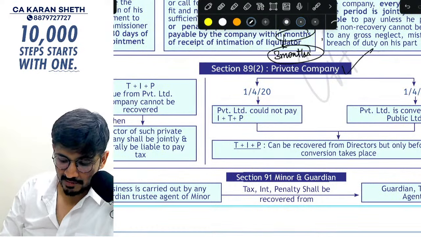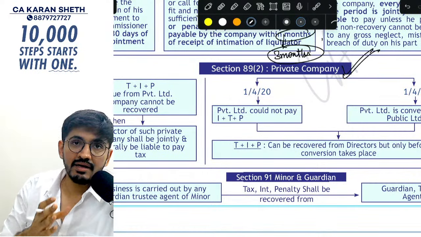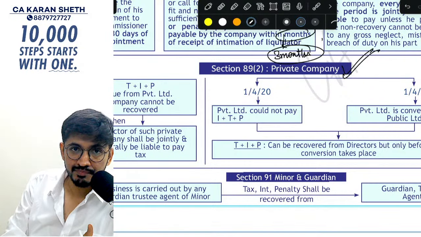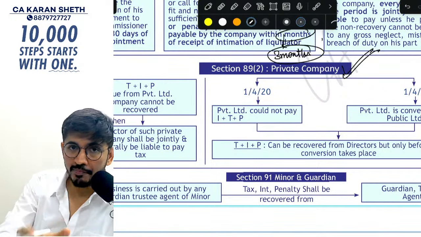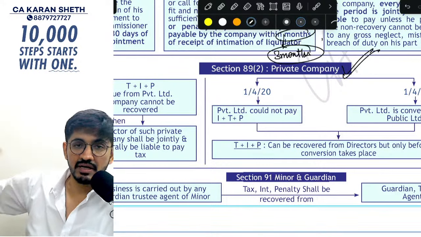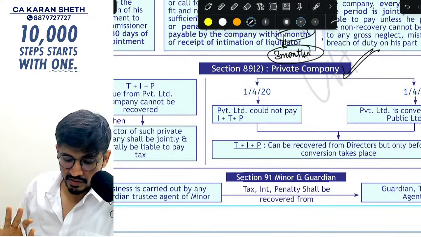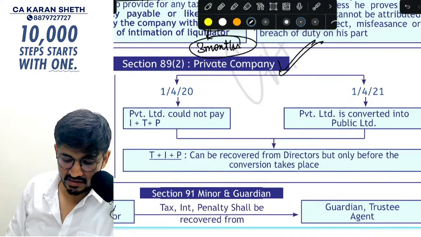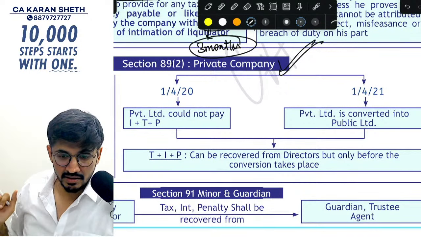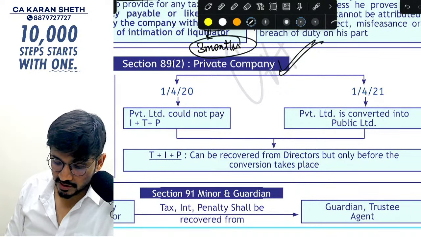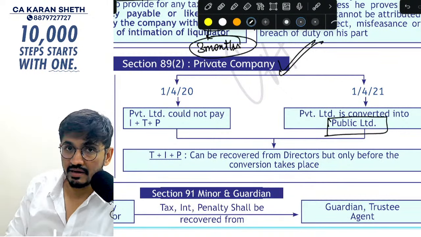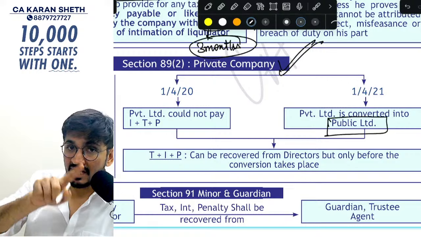Okay, with respect to a private company, my dear friends, understand that if there is any tax, interest, penalty with respect to the private company, if the private company cannot pay, it will fall in the hands of directors jointly and severally. Very simple. But understand, my dear friends, there is an angle to it. If this private company converts into a public company, then you cannot take that money from the directors.